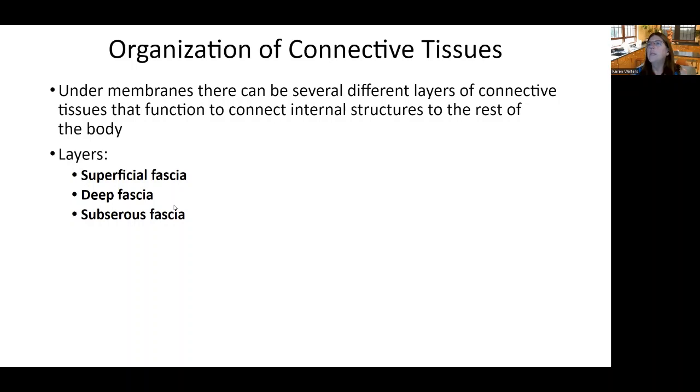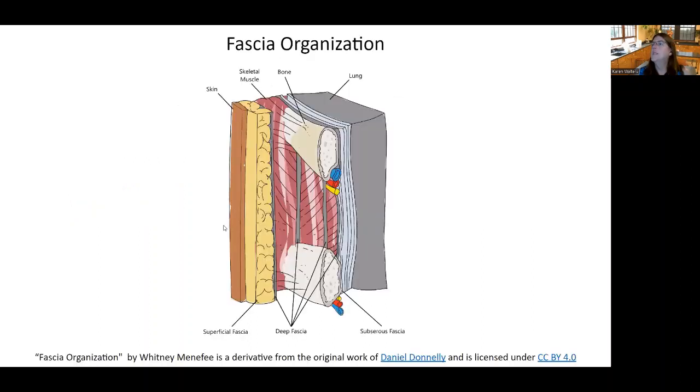So how are these connective tissues organized? There are several layers that help us to hold the tissues together. We have our superficial fascia, deep fascia, and subserous fascia. What am I talking about? Let's take a look. So here is a cartoon.